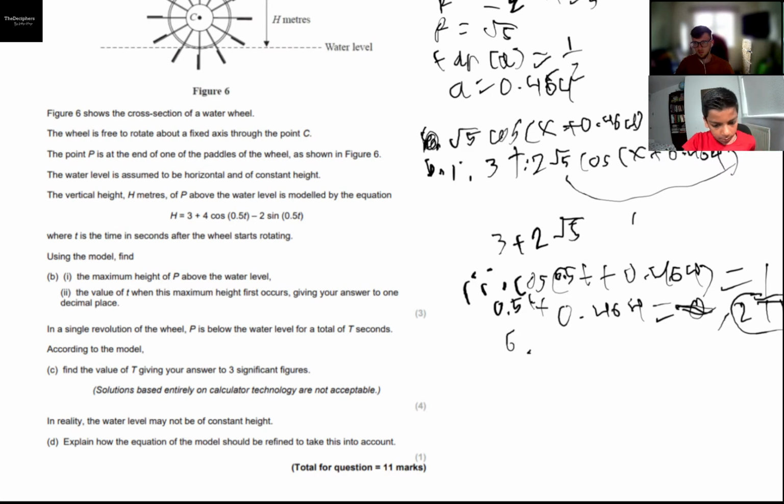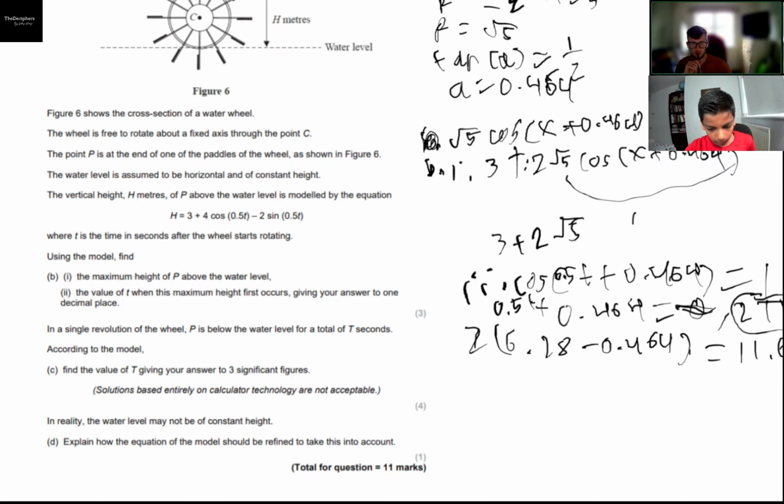So 6.28 minus 0.464, 2 times that is 11.638.